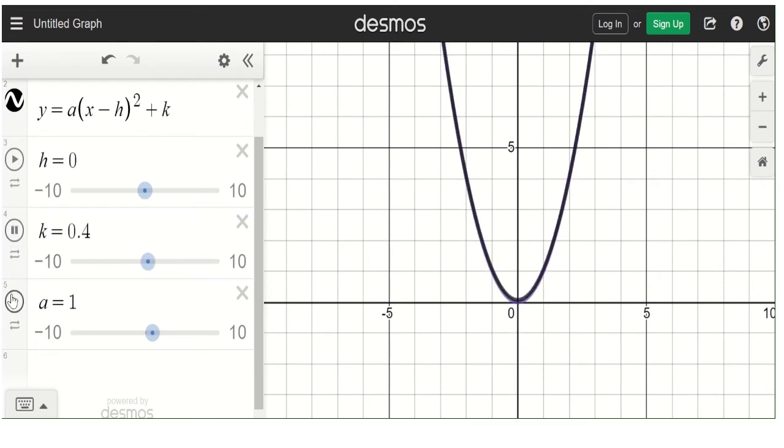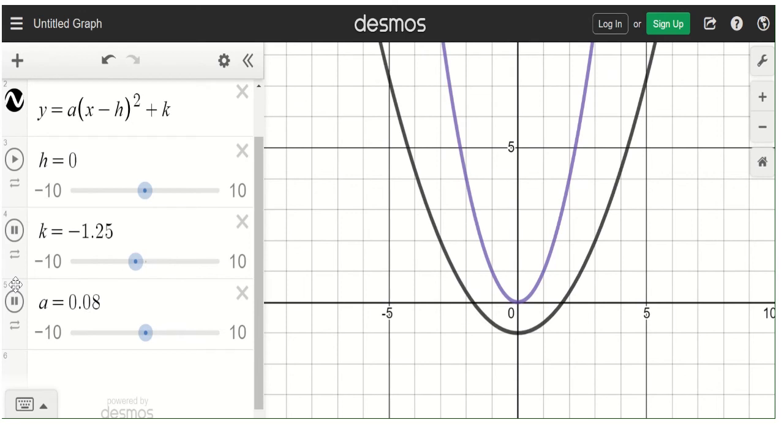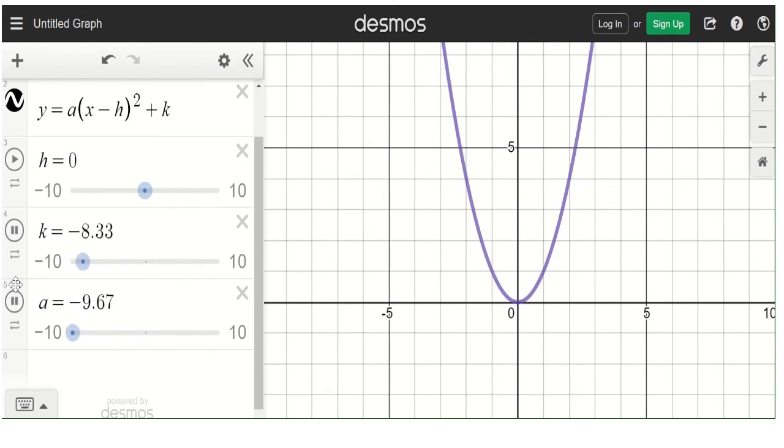And maybe just for fun, we can play both of these together. It's making my graph wider, narrower, up, down, and flipping it so it's opening up or opening down. So there's our little investigation. And now we're going to build off of that and put it all together into our note.